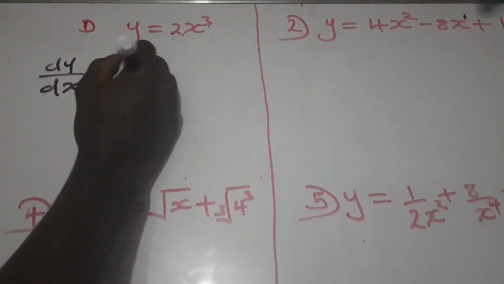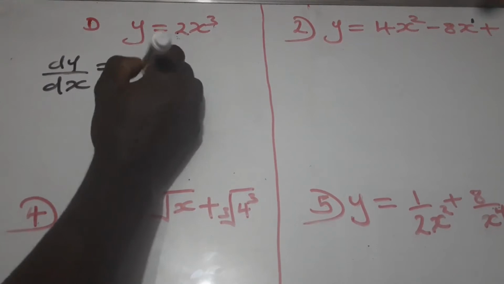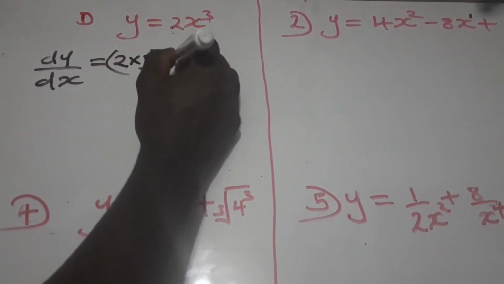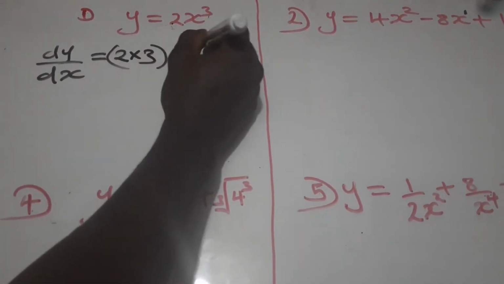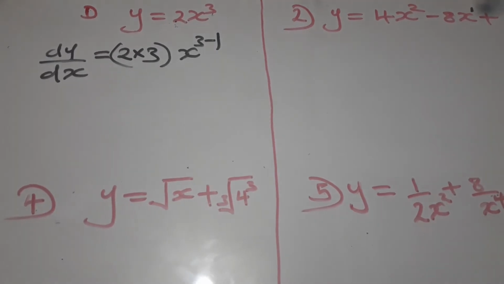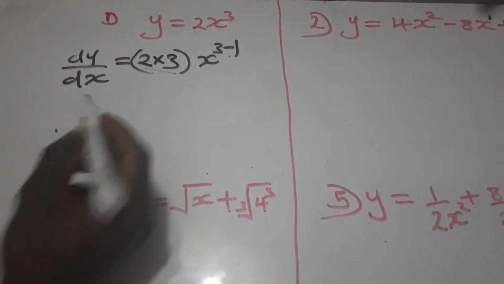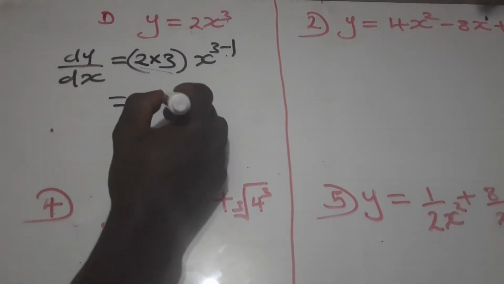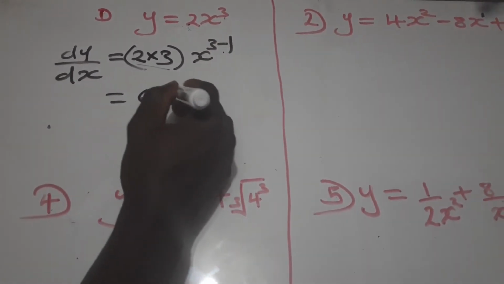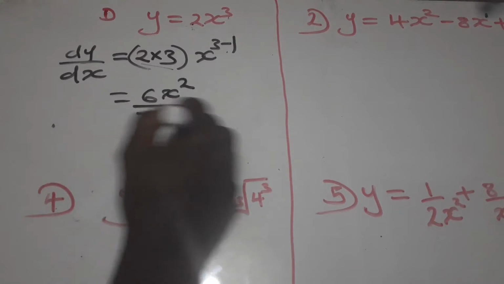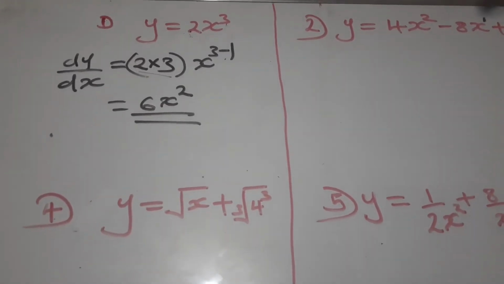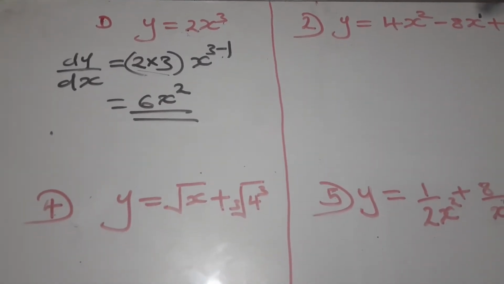So it will be 2 multiplied by 3, and then x raised to power 3 subtracted by 1. The first thing is we've multiplied here and here we've subtracted. So this is going to give us 6, and then x raised to power 2. That's our answer. So you multiply and then subtract.